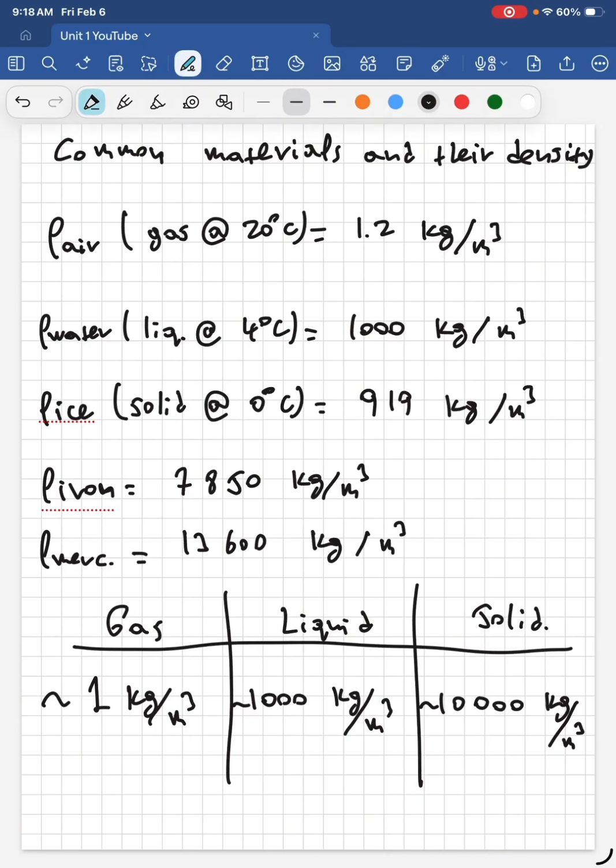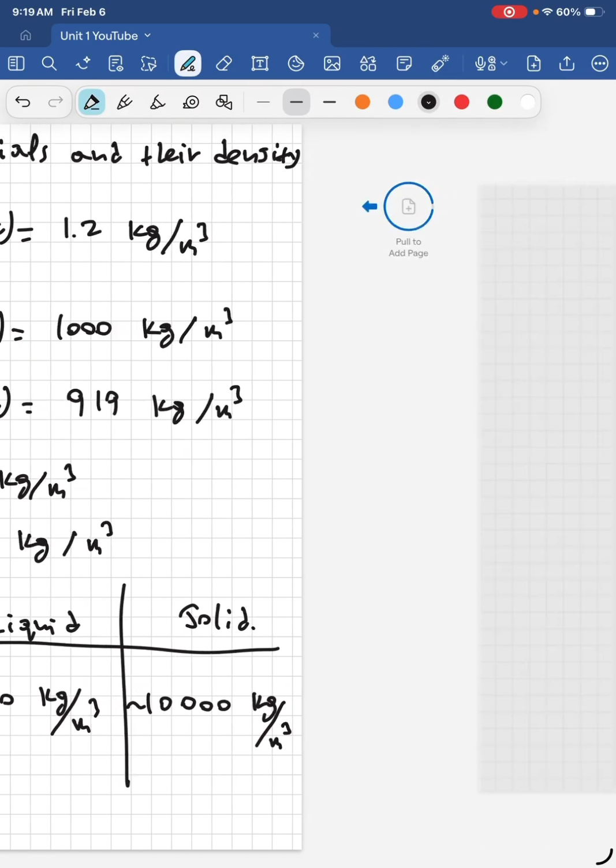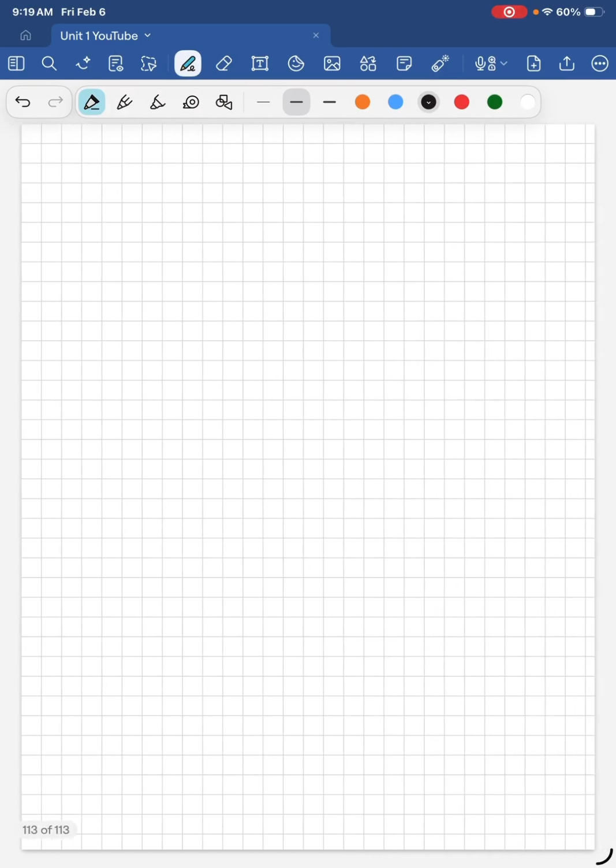So for high school physics, it's good to know that a gas has a density of 1 kilogram per cubic meter, a liquid 1,000 kilograms per cubic meter, and a solid 10,000 kilograms per cubic meter. Okay, let's do one more example.